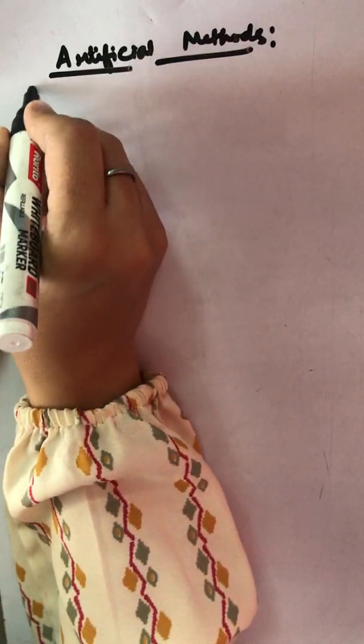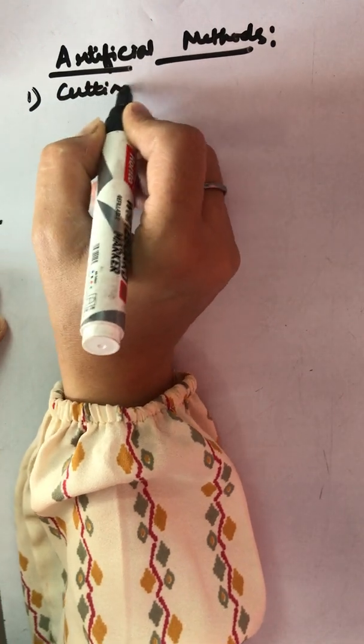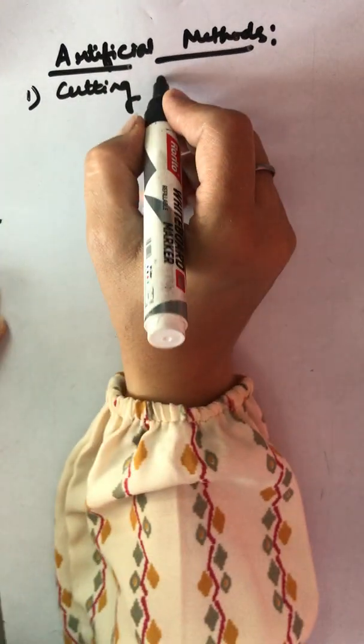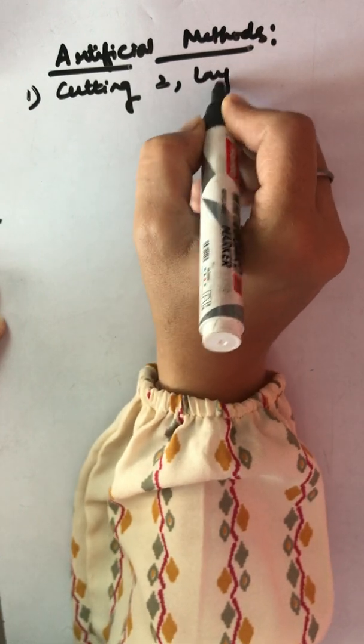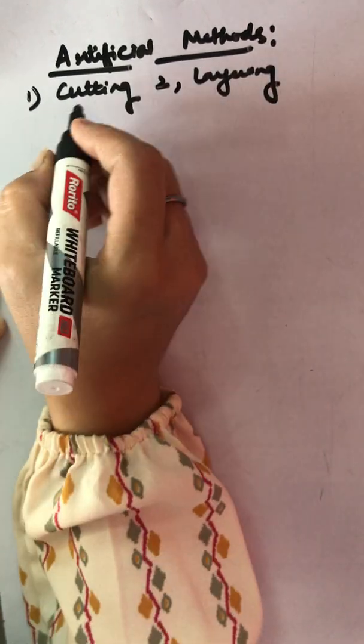Alright, so first one we talk about is cutting. Second is layering. And third is grafting.